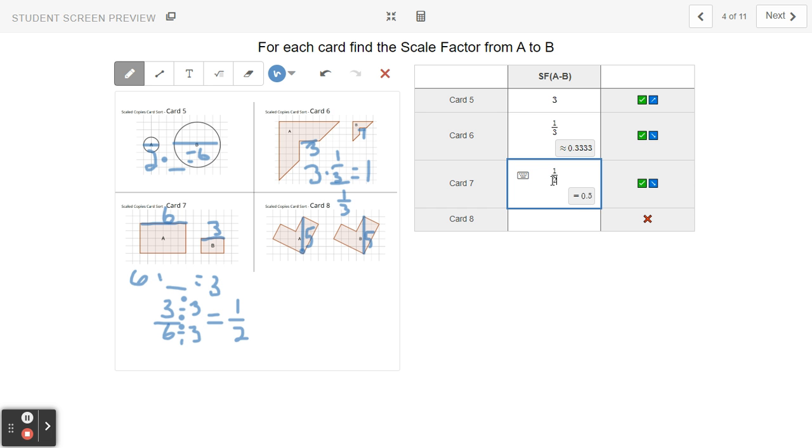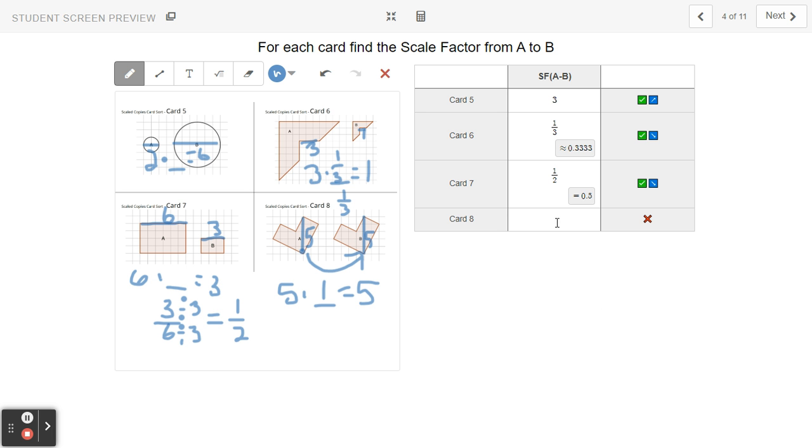Or you could also write 0.5 or 5/10. And finally, on this page, we're going from a length of 5 to a length of 5. So what do I multiply 5 by to get 5? 1. And if you notice, these are the same exact shapes.